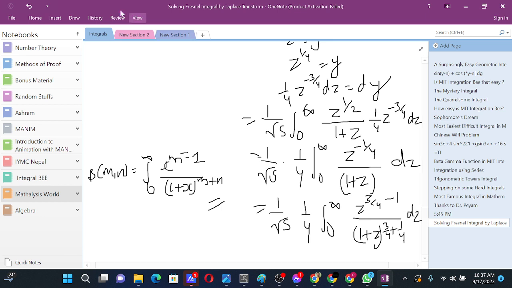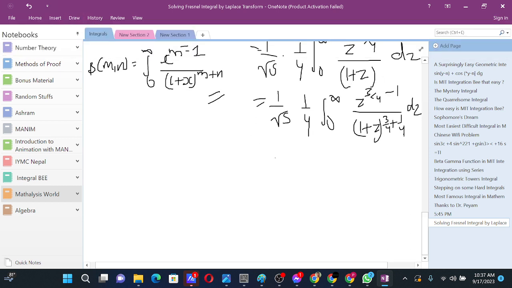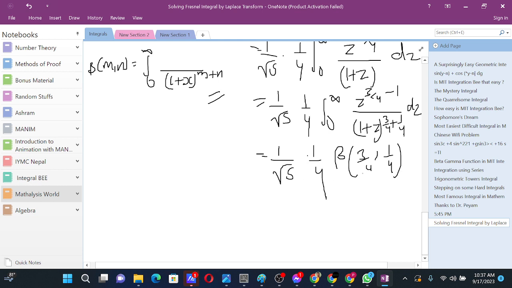Now it's in the form where you can use beta gamma functions, and this is 1 by root s times 1 by 4 times beta of 3 by 4 comma 1 by 4.